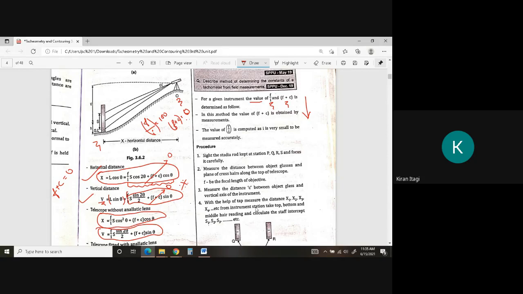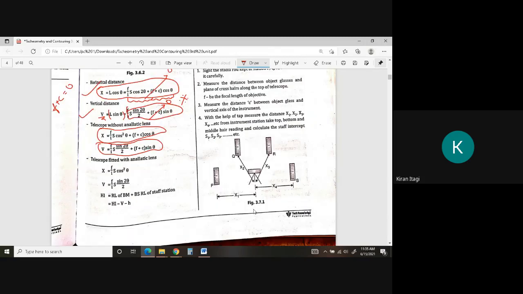In this method, the value of f plus c is obtained by measurements. The value of f upon i is computed, as i is very small to be measured accurately. What we are doing here: I will call this station O. We have P, Q, R and S. We place these stations P, Q, R and S at known distances.